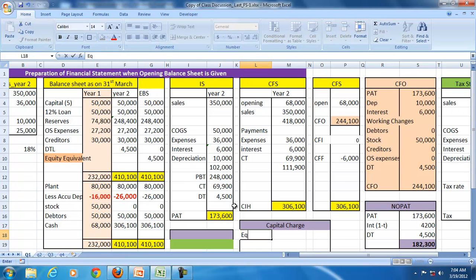So EVA requires the calculation of the capital charge. The capital charge here is equity capital plus reserves.